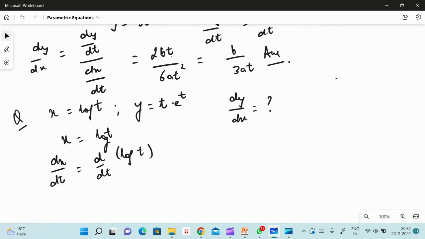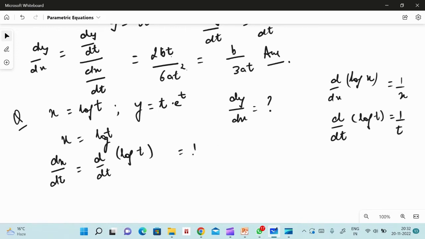Earlier, if you remember, the derivative of log x, d by dx of log x, gives me 1 by x. So here I have d by dt of log t. So obviously it will give me 1 by t. So my derivative here is 1 by t.